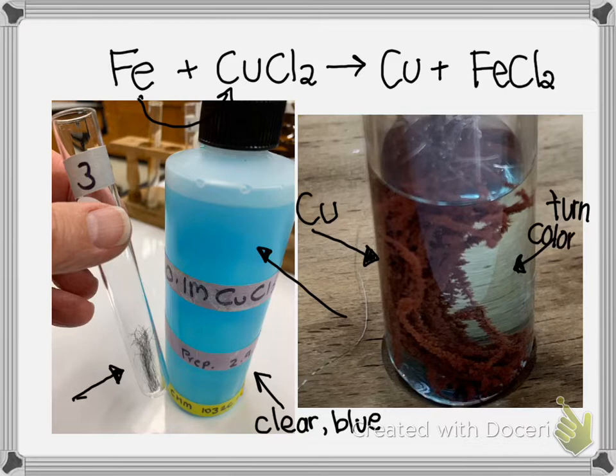That's because the copper chloride is a blue solution, but iron chloride is colorless. So as the iron chloride is forming, the solution's changing to colorless. So those are 3 single displacement reactions.